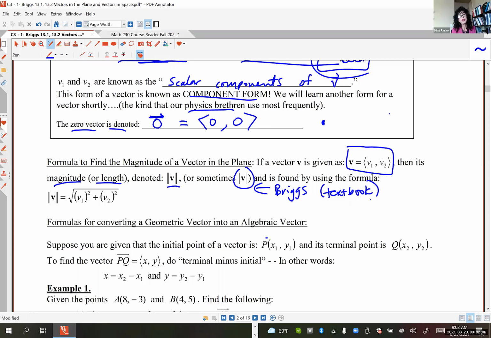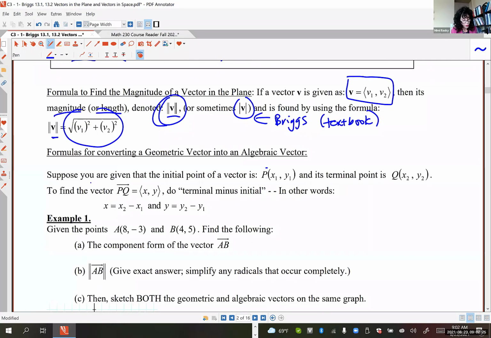Different textbooks use different notation, but I'm old school and I learned with the double bars. I prefer it. Okay, so how do you get your magnitude? You simply take the square root of the sum of the squares of your scalar components. And we're going to do some examples here in a moment with actual numbers, so don't worry.